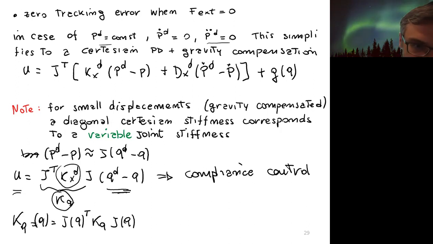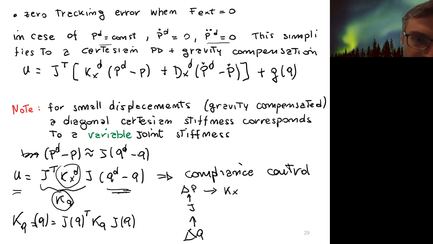You could see this the same way doing the following trick. You have a delta q, you know that through the Jacobian, for small displacement, you can take a delta p. Then delta p is related to Cartesian forces through the stiffness matrix. And then from the Cartesian forces, through the J transpose, you can compute the torques.